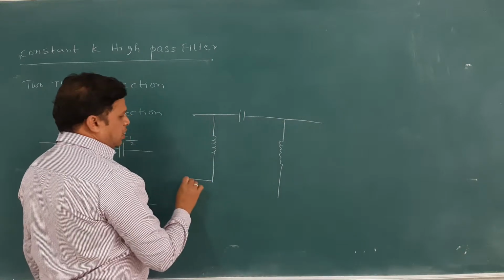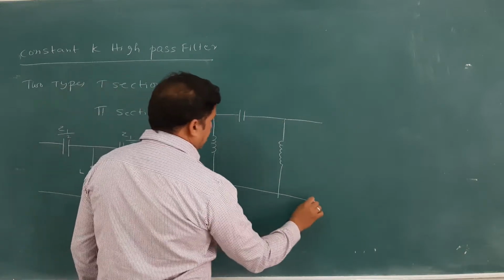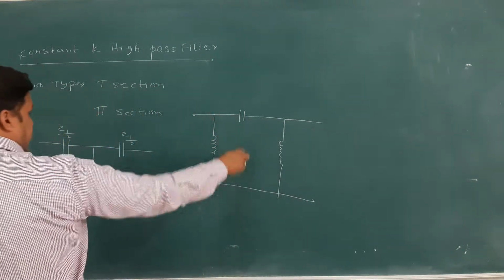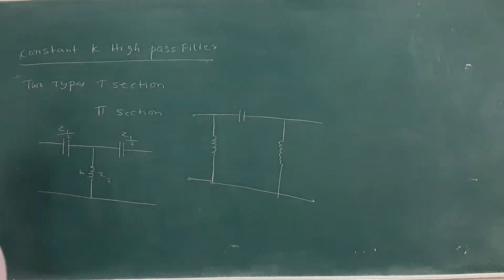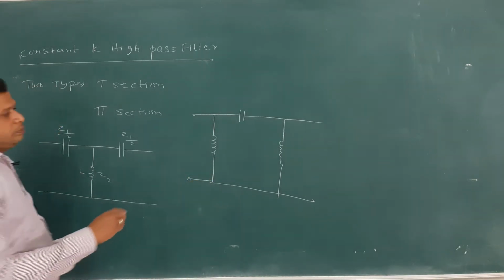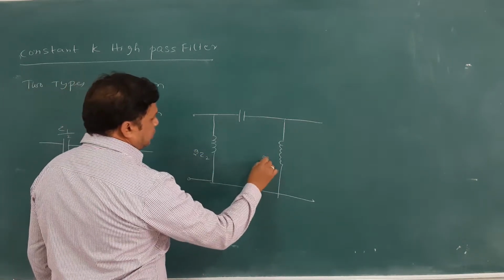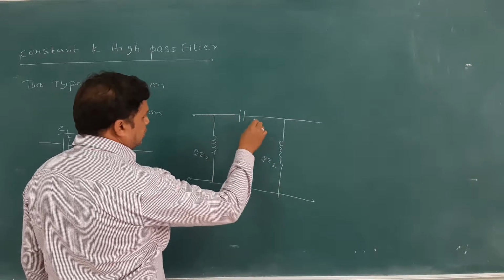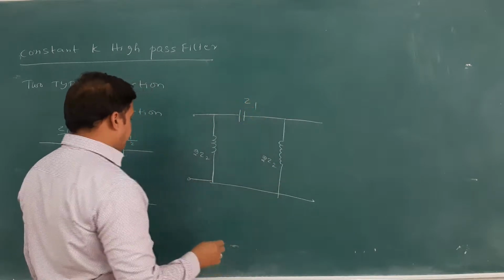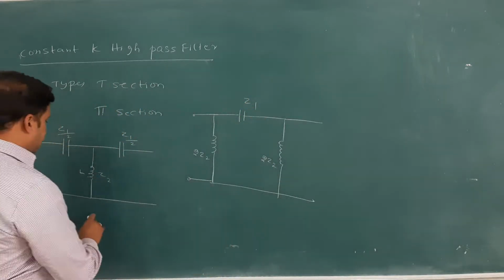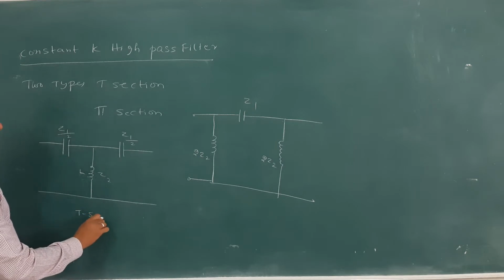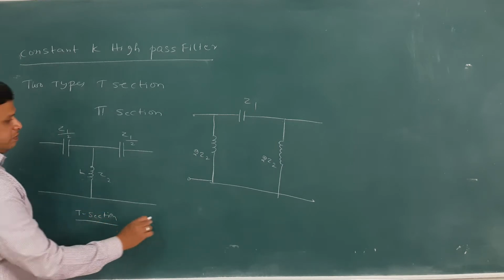If you see this pi section network, this one is the series impedance and these are the shunt impedances. This is shunt and this is series, Z1. Okay, it is a T section, and it is a pi section network.